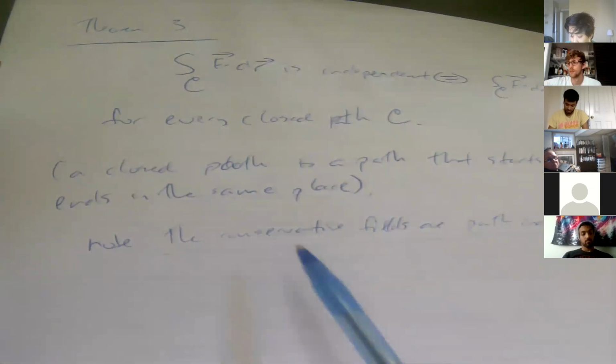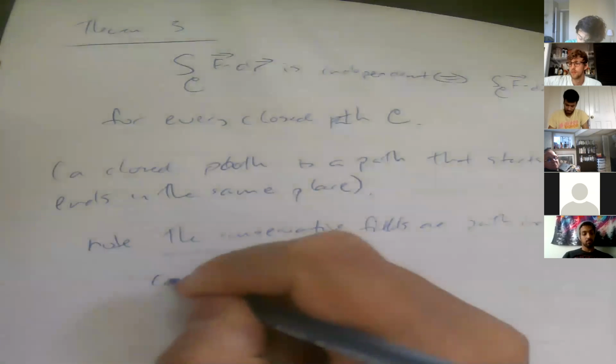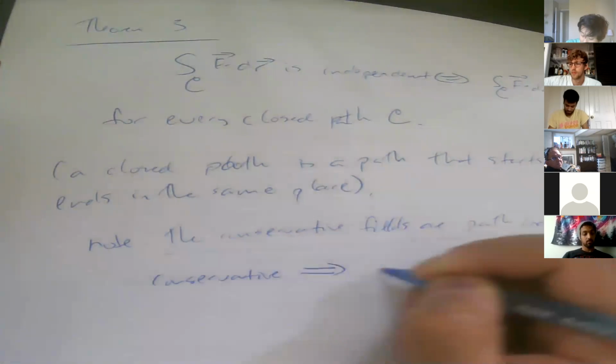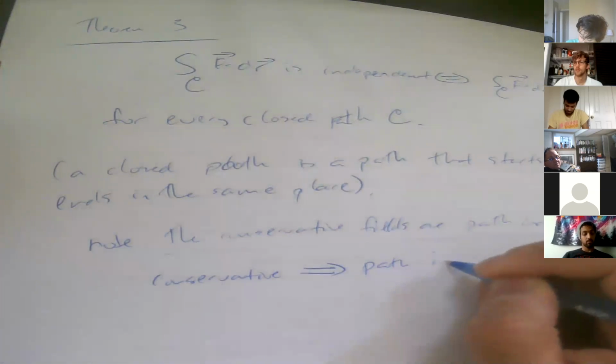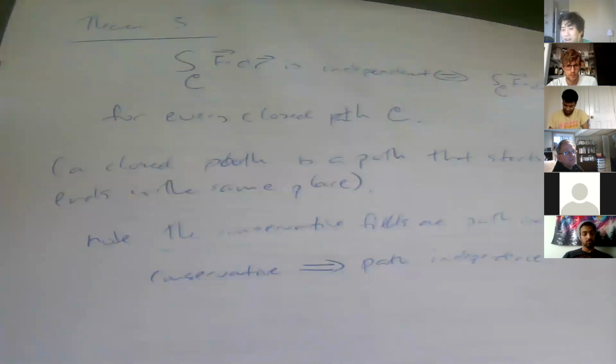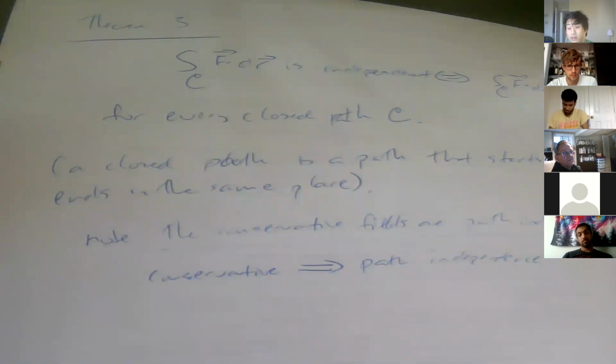It says conservative fields are path independent. Conservative implies path independence. When can we go the other way? If I have a path independent integral, how can I determine if the field is conservative, right?